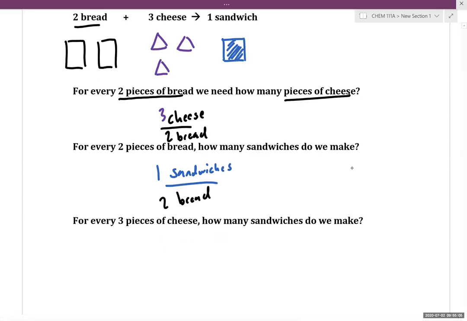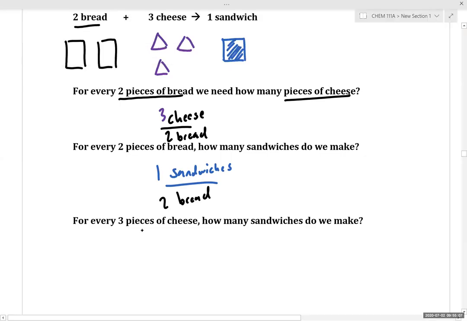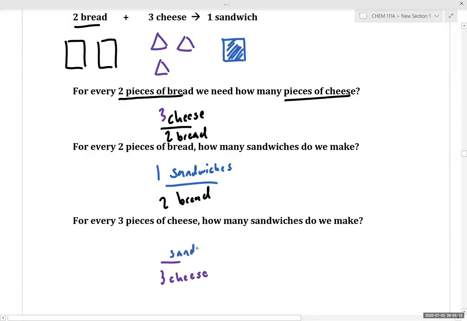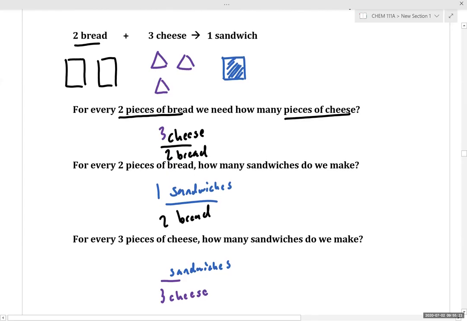Now, just for completeness' sake, for 3 pieces of cheese, how many sandwiches do we make? One, exactly. It's a 1 to 3 ratio.